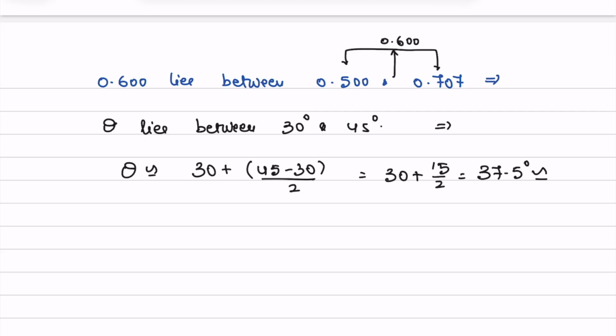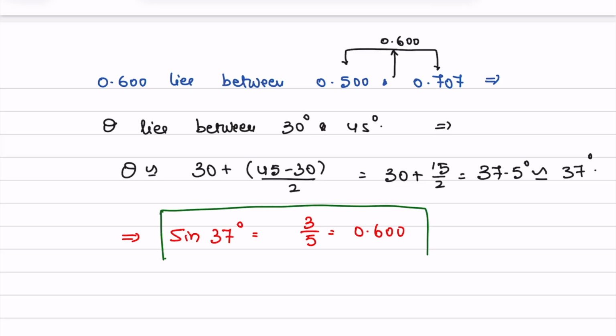Approximately, when you take out the decimal for convenience, can we say without the decimal it is 37 degrees? Therefore sin 37 degrees is equal to 3 by 5, which is equal to 0.600.